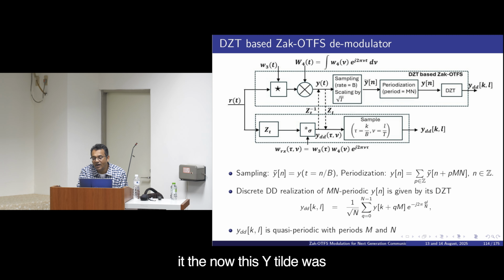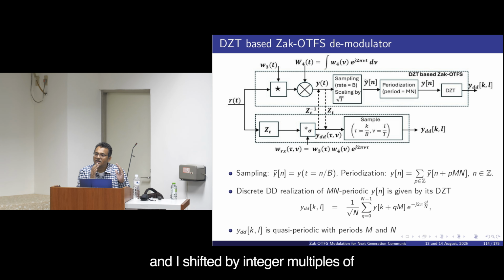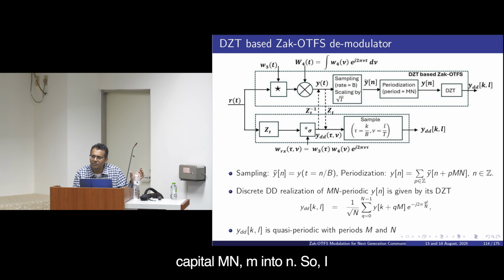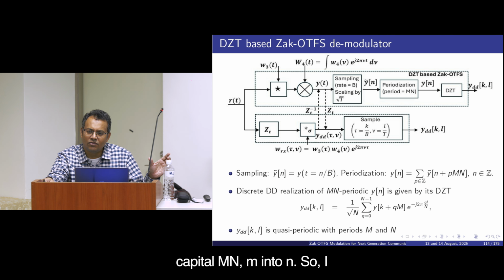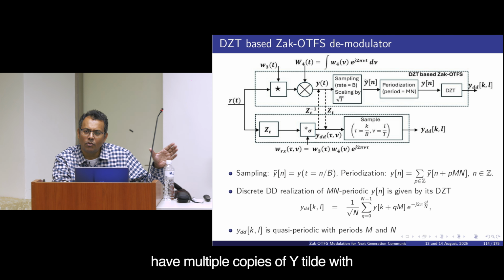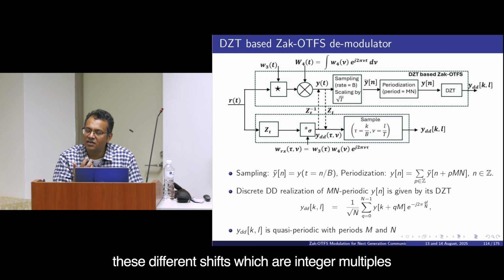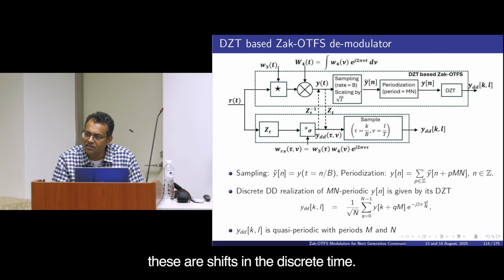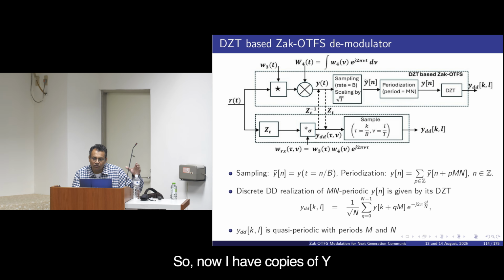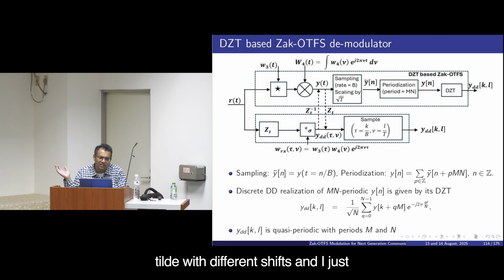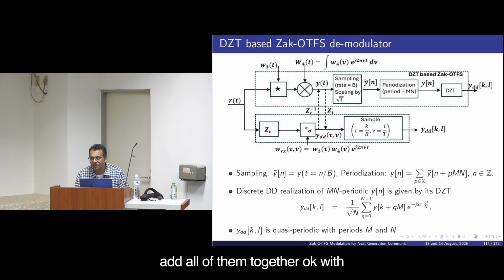Now this y tilde was not periodic, but I take y tilde and I shift it by integer multiples of capital MN, M times N. So I have multiple copies of y tilde with these different shifts, which are shifts in the discrete time. Now I have copies of y tilde with different shifts and I just add all of them together, okay.